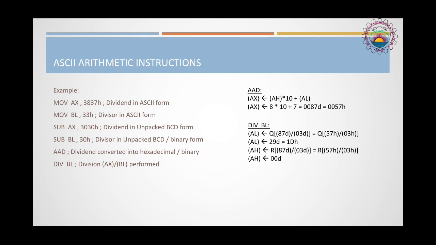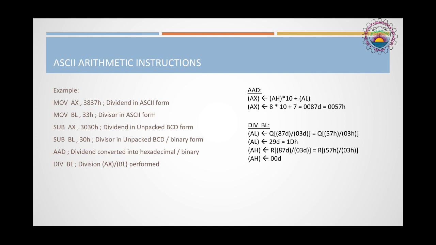So 87 decimal divided by 3 decimal, quotient will be 29 decimal, or otherwise if you see the value of AX register in hexadecimal, so your dividend is 57 divided by 3, so quotient will be 1D hex, and that will be present within AL. So that is the quotient of division.